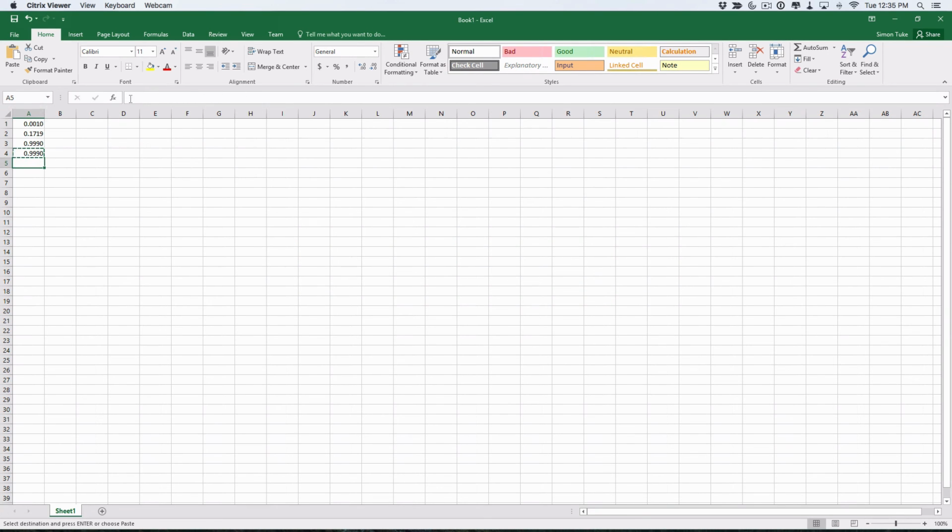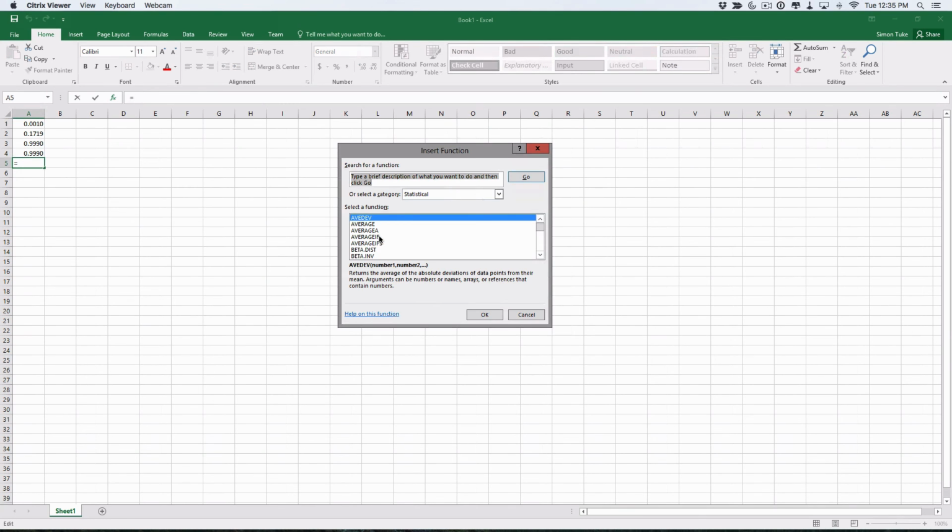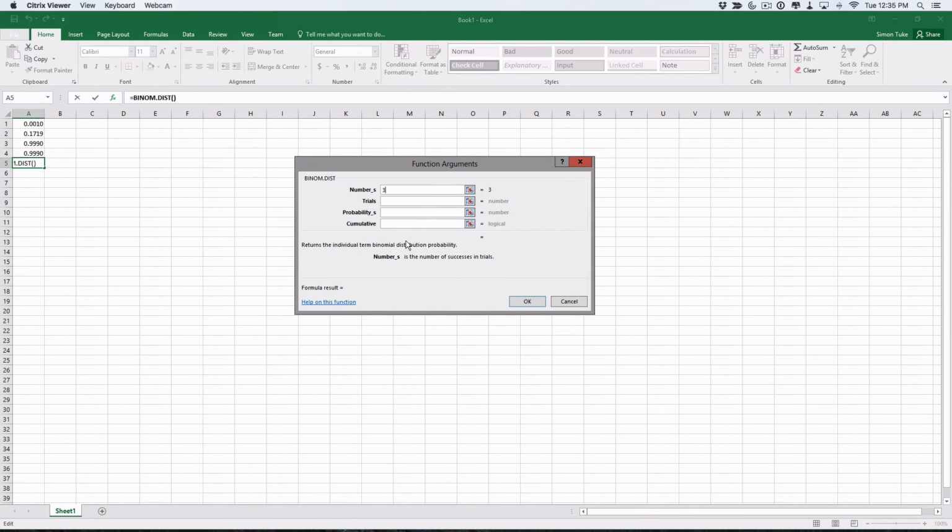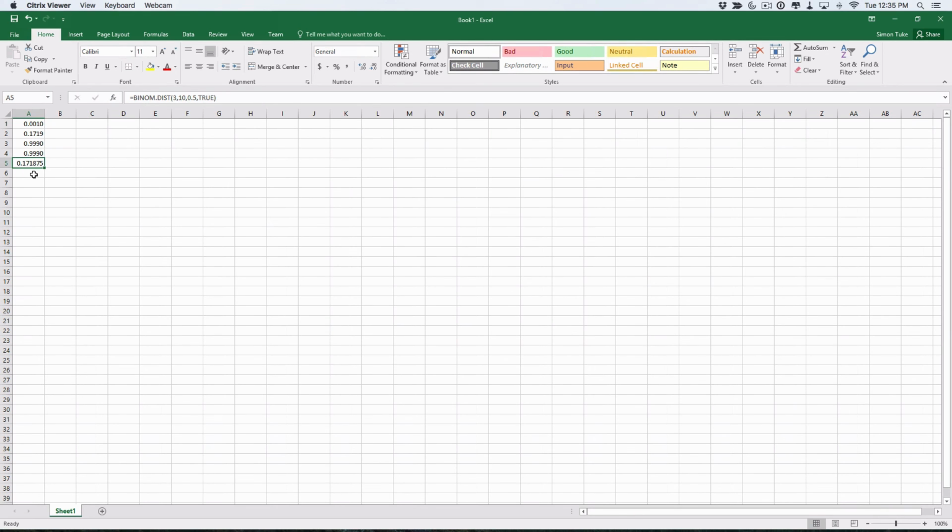So let's go and do that. Get a new one. We're going to do equals binom.dist. Okay. So we're going to do 3, 10, 0.5, and true. Okay. And then we can go and actually take off the binom.dist 0, 10, 0.5, false.